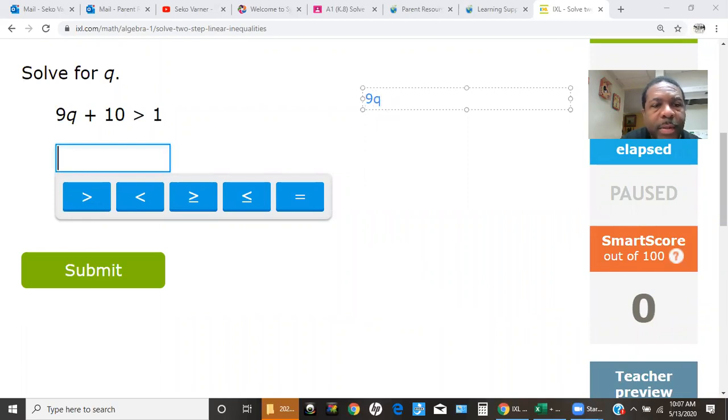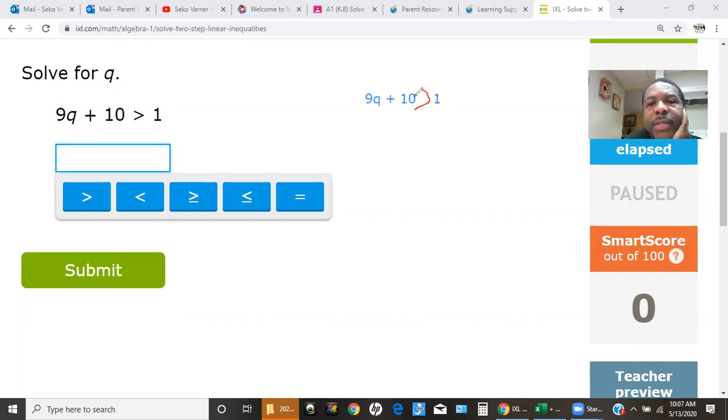I think it's important that you write the problems yourself instead of trying to do everything in your head. For this reason, it helps you do muscle memory. It also helps you work on it maybe 2 or 3 times in your head while you're working it out on paper. So we have 9Q plus 10 is greater than 1.